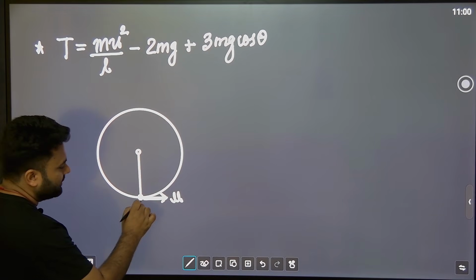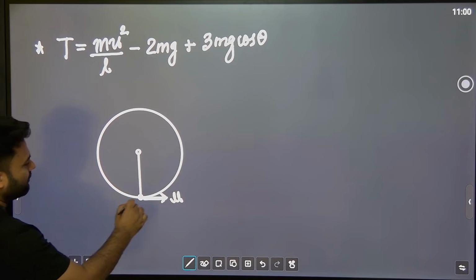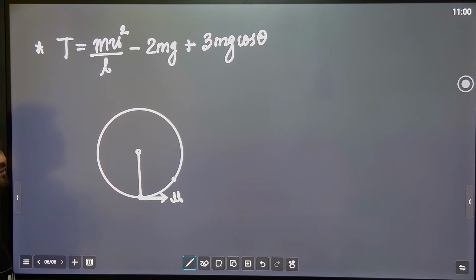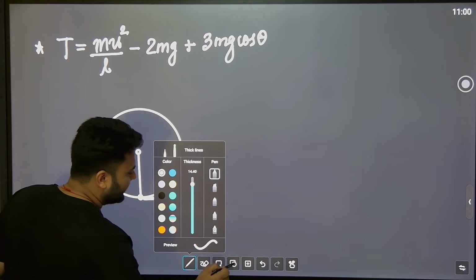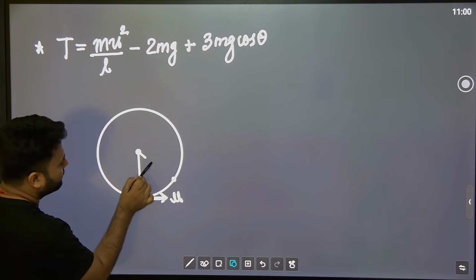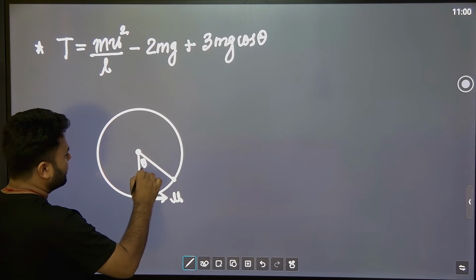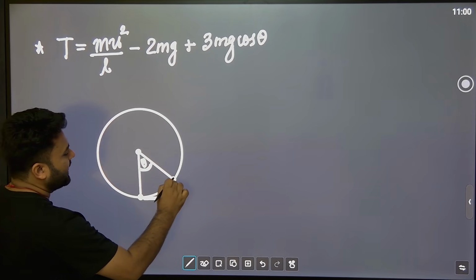With u speed at the bottom, the ball will go here, here, here, like this. They will ask that at any angle theta, what will the tension? For example, if the ball is here, at any angle theta, what will the tension acting on the ball?